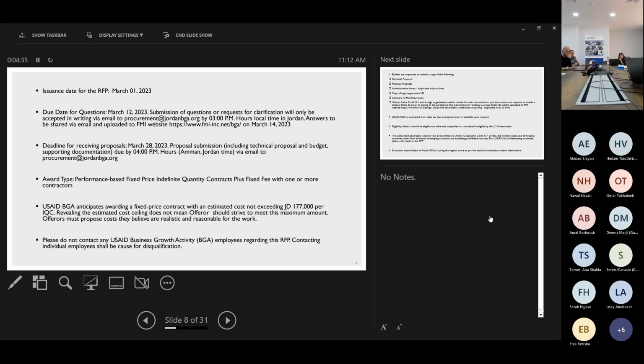USAID BGA anticipates awarding a fixed price contract with an estimated cost not exceeding 250,000 USD, equivalent to 177,000 Jordanian dinar. Revealing the estimated cost ceiling does not mean offerors should strive to meet the maximum amount. Offerors must propose costs they believe are realistic and reasonable for the work.